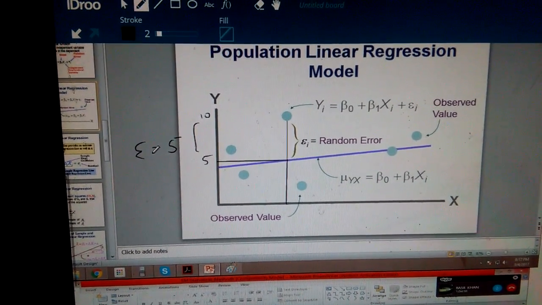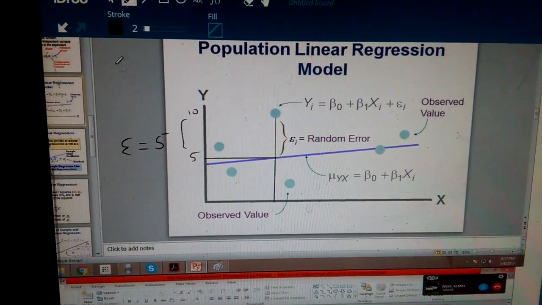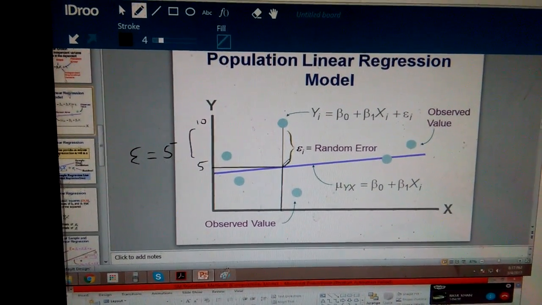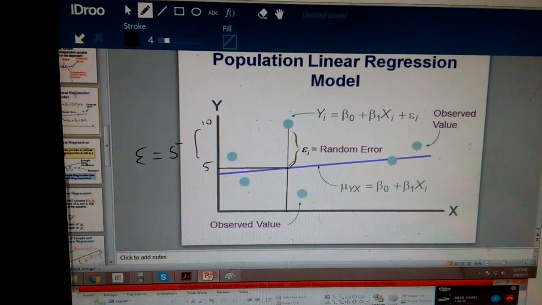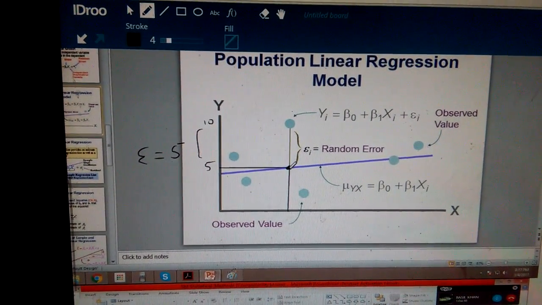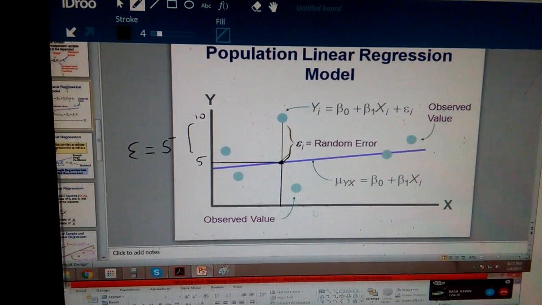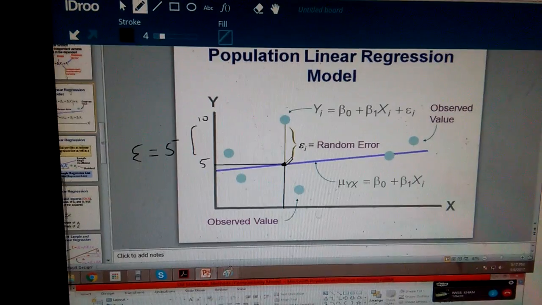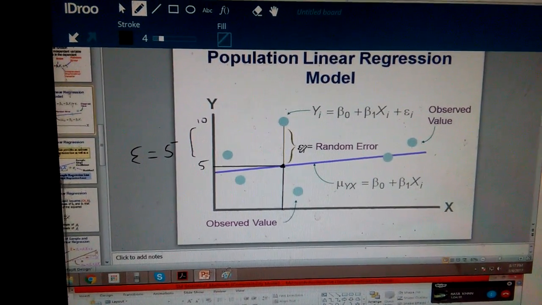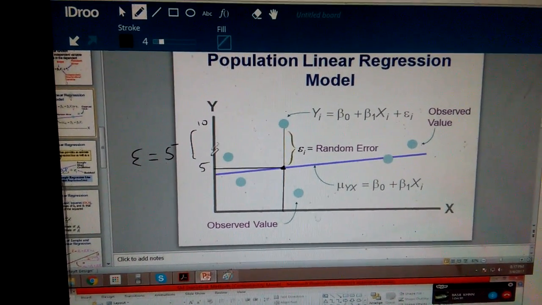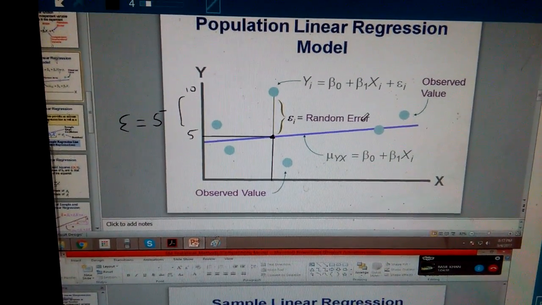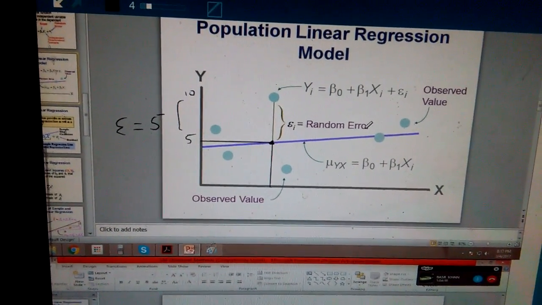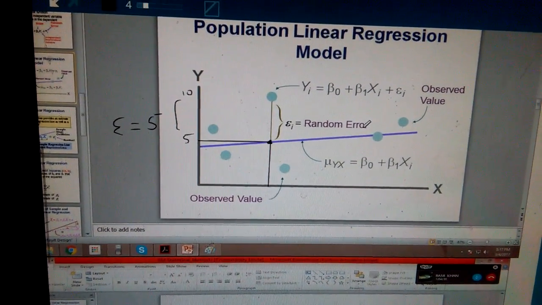It's your error, epsilon. In other words, the distance between the actual point and the predicted or estimated point is the random error. There are several terminologies for it: you can call it random error, residual error, or random residual.